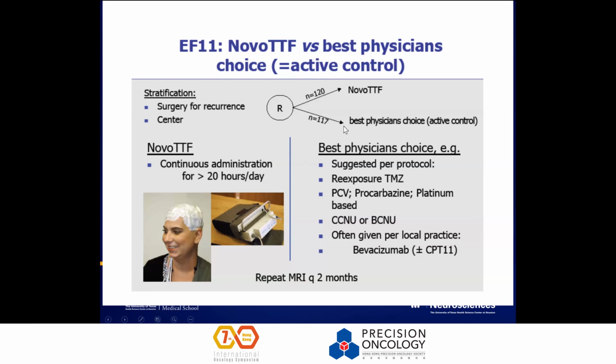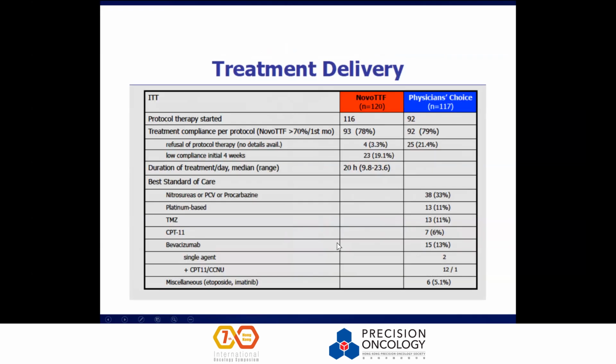And then the control arm is the treating physician's best choice. It can be any of the chemotherapies patients have been given. This is a summary of the treatment drugs received in the control arm. For the TTF arm, it's just monotherapy with TTF.